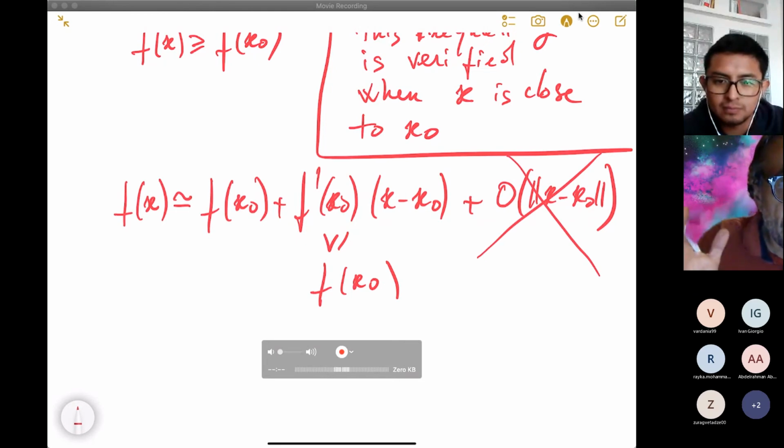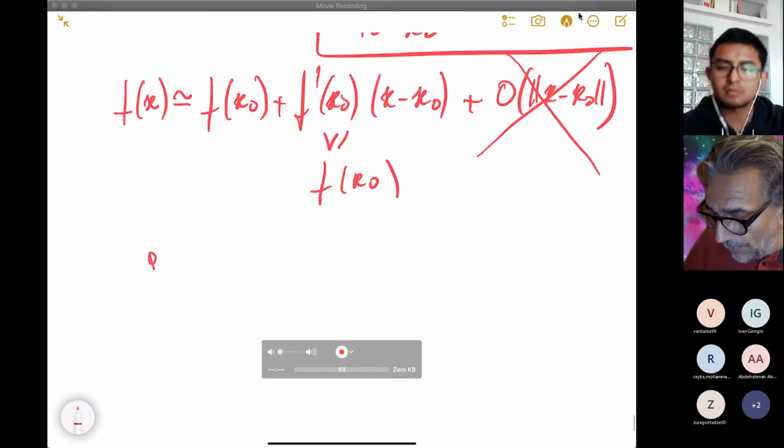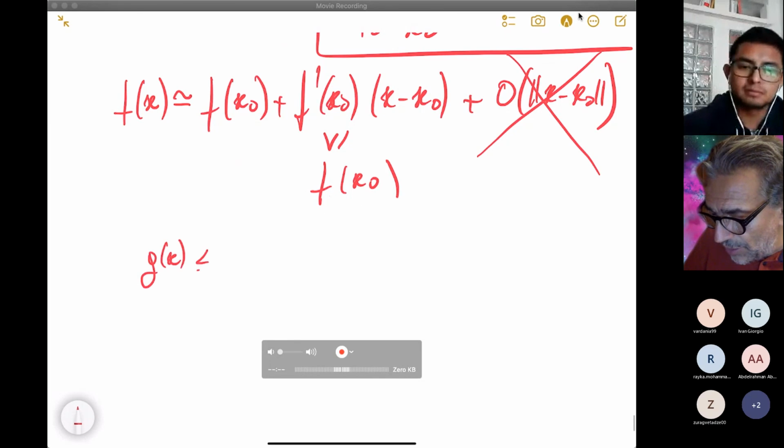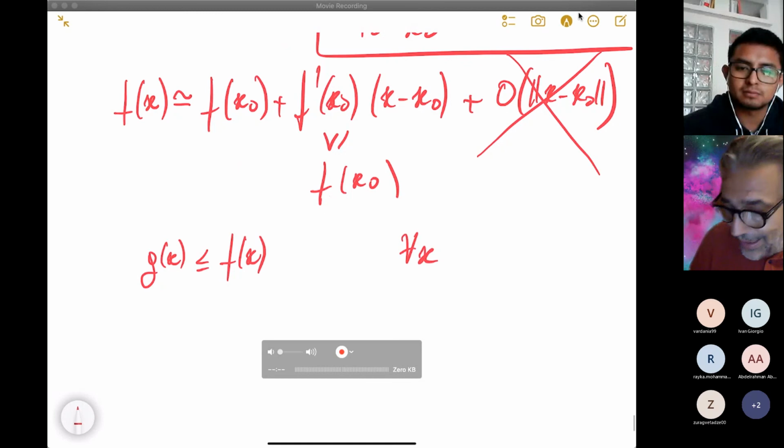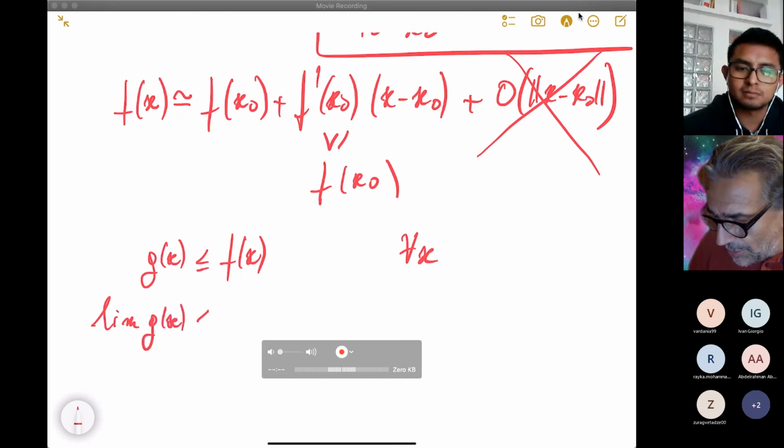There is a famous theorem, which I'm sure you have studied, Bruno: the theorem of permanence of sign in the limit. If g of x is smaller or equal than f of x for every x, then the limit of g of x is smaller or equal than the limit of f of x.